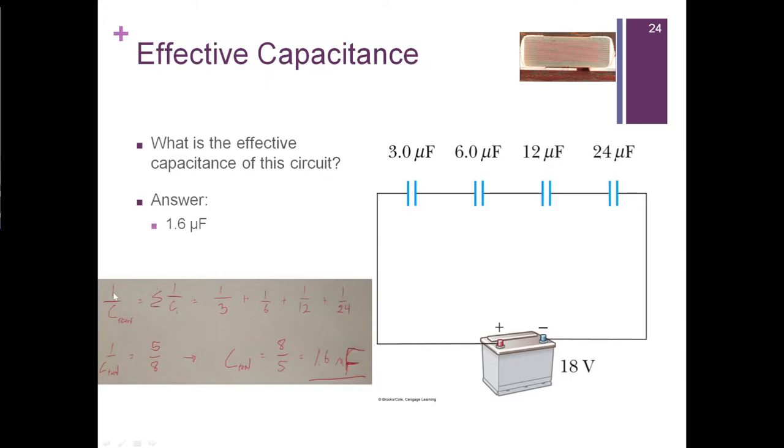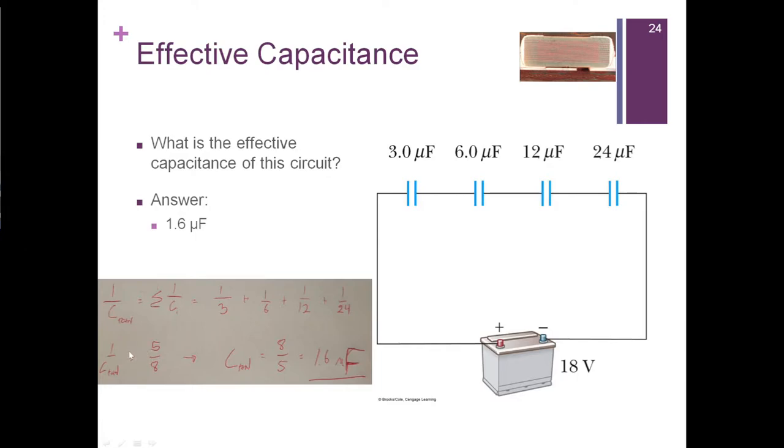Because the formula is 1 divided by the total capacitance is the sum of all the reciprocals. So 5/8 is 1 over the total capacitance. To find the final total capacitance of all these capacitors working together, you need to then invert it again.